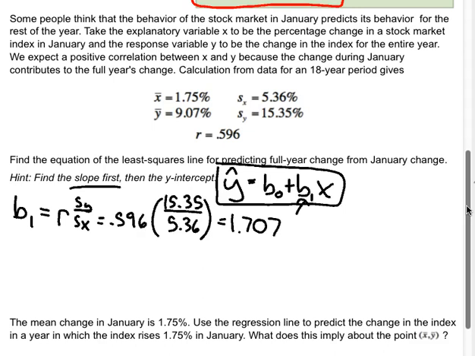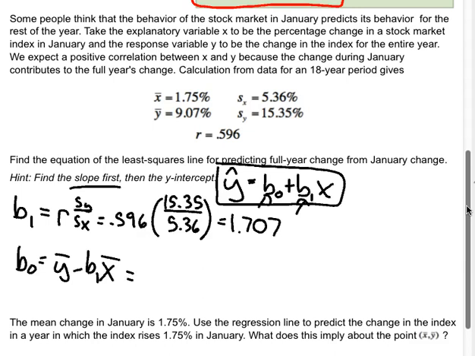Now, obviously, I'm going to need the y-intercept. According to this, y-intercept is the B0. And according to your formula sheet, B0 is the mean of y minus the slope that you just found times the mean of x.